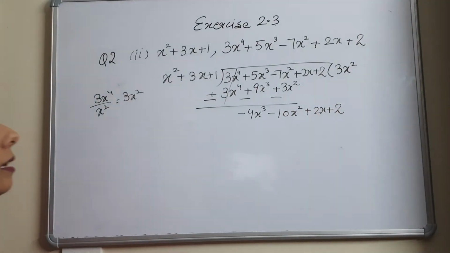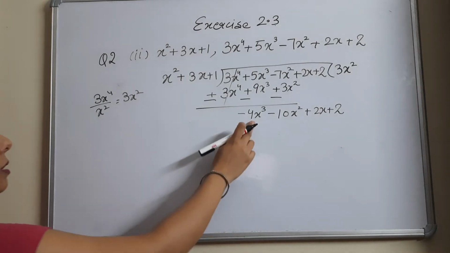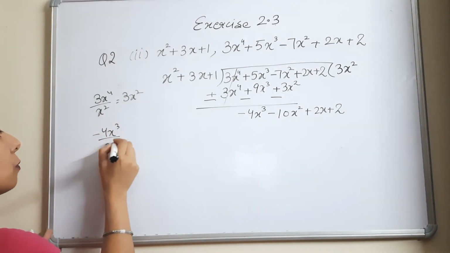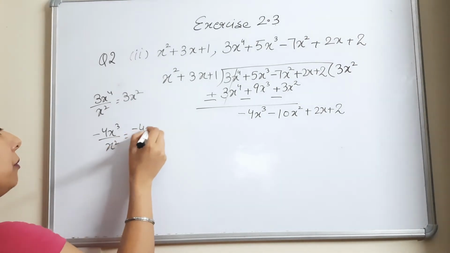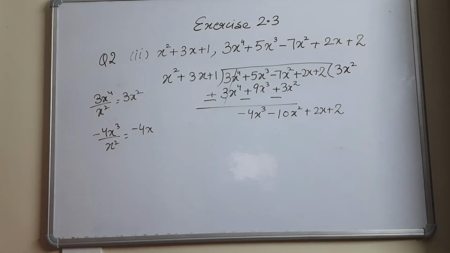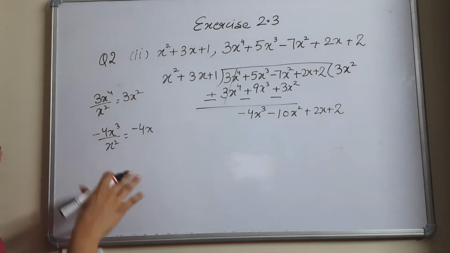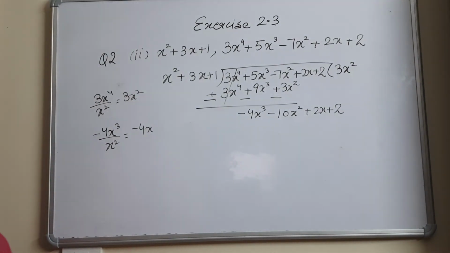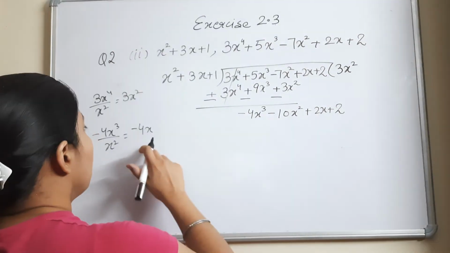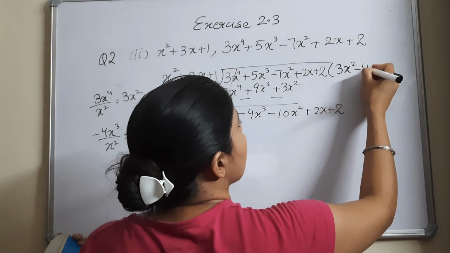Now calculate the second term. You will focus on this and this: minus 4x cube plus x square. After a lot of practice, you people need not do this rough work also. This also becomes a manual calculation for you. But for that you need to do a lot of practice. So the next term is minus 4x.